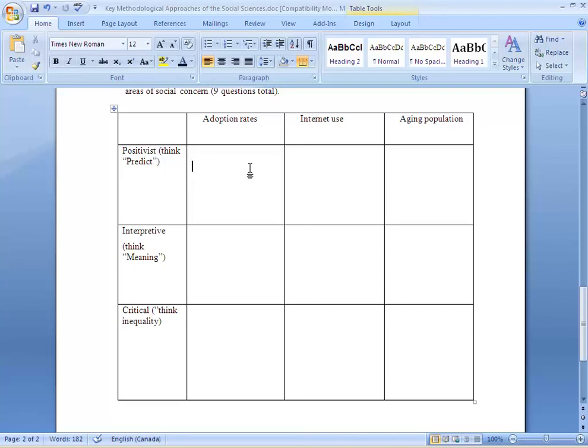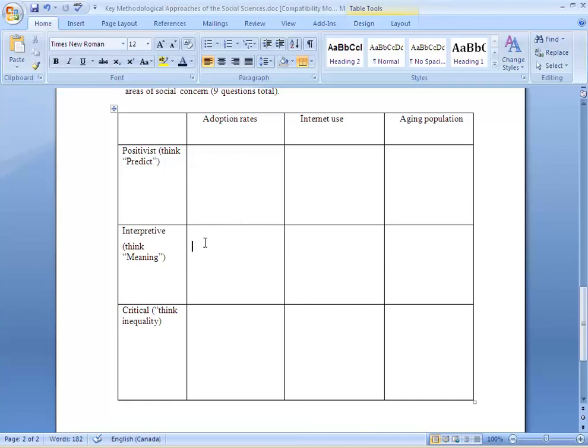About 1 in 5 couples are infertile in Canada for a number of reasons. Will adoption rates then go up because our fertility is going down? It's an element of prediction. Do adoption rates increase with a rise in income?